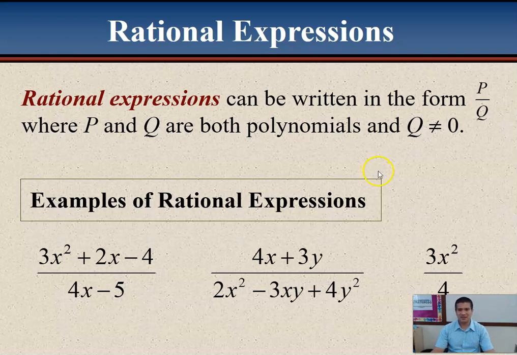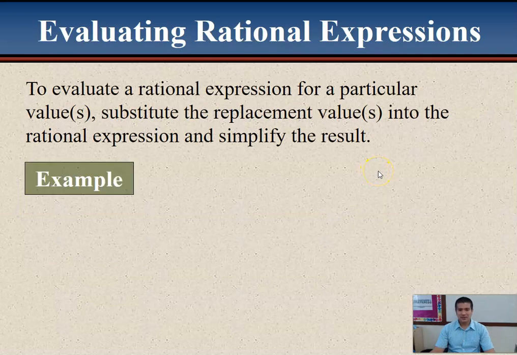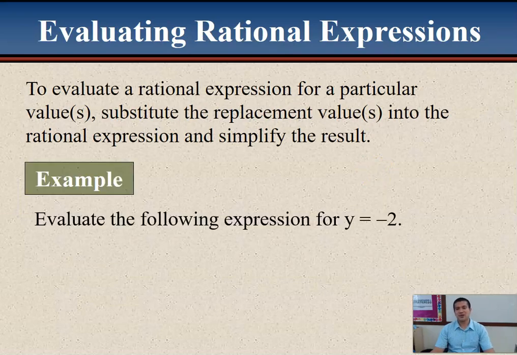When you evaluate a rational expression, for example, given y equals negative 2, we will evaluate y equals negative 2 in the expression y minus 2 over negative 5 plus y. So how will we simplify it? Just substitute the value of y, which is negative 2.